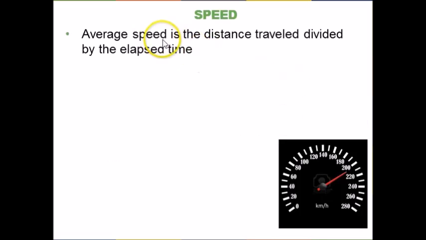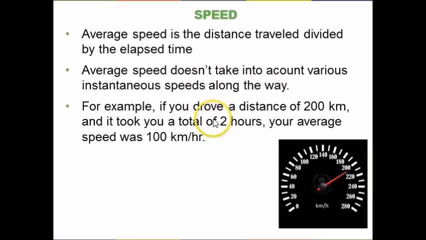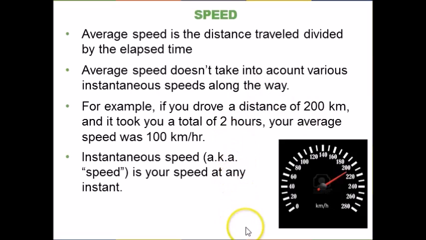So average speed is the distance traveled divided by the elapsed time, and average speed doesn't take into account various instantaneous speeds along the way. For example, if you drove and you know the total distance on your odometer was 200 kilometers and it took you 2 hours, then your average speed was 100 kilometers per hour. Now that doesn't mean that your instantaneous speed was 100 the whole time.